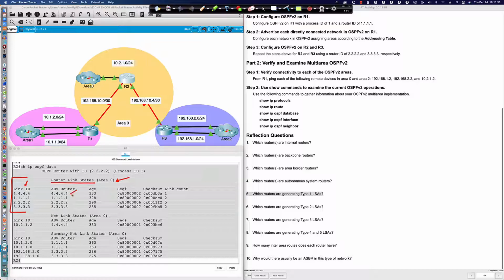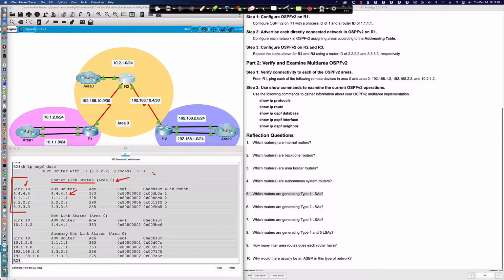The advertising router is also the router ID. Now remember, this is how OSPF, the dynamic routing protocol, is finding the routers that are in the graph. It's based on that fingerprint, that unique social security number if you're in the States. It's all about the router ID.